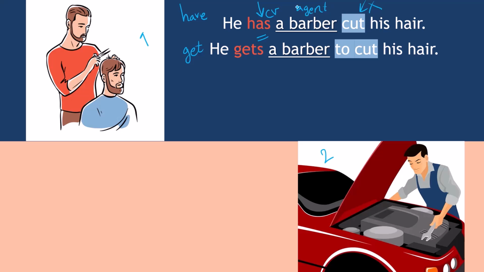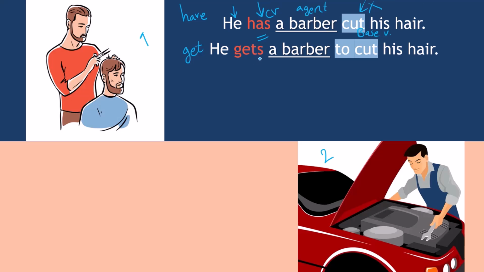Has a barber, and after that, you see the base form of the verb, cut, without any changes. He has a barber cut his hair. It doesn't matter which tense you use this sentence in, or which subject you use at the first of the sentence. This is going to be the base form of the verb for all the sentences.